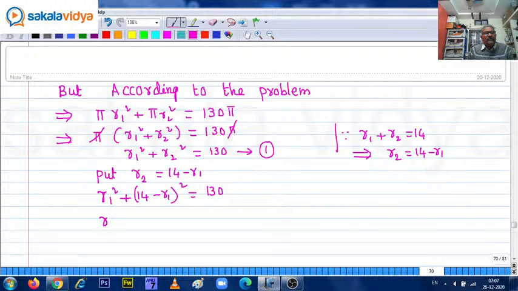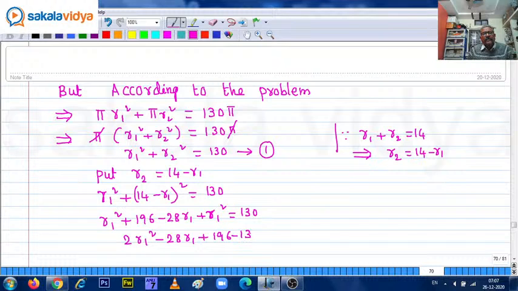See, R1 square plus (A minus B) whole square, 196 minus 28 R1 plus R1 square equal to 130. 2 R1 square minus 28 R1 plus 196 minus 130 equals 0.